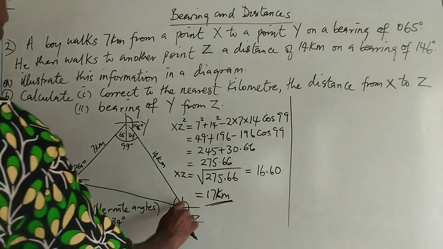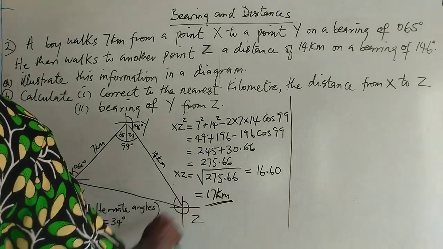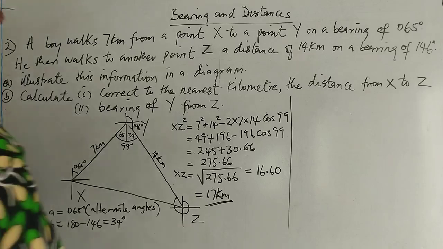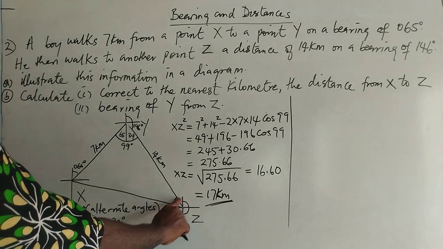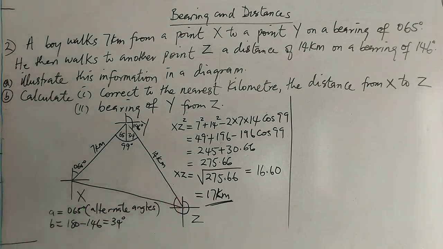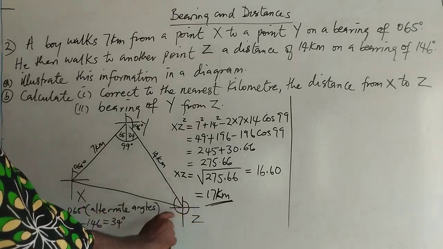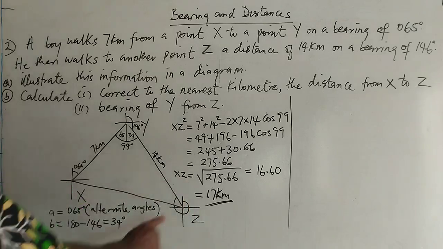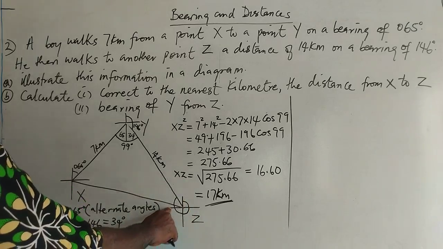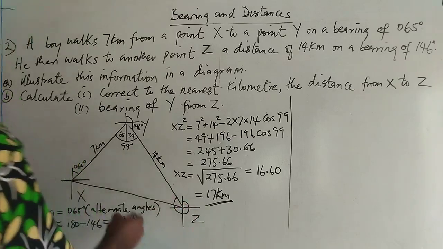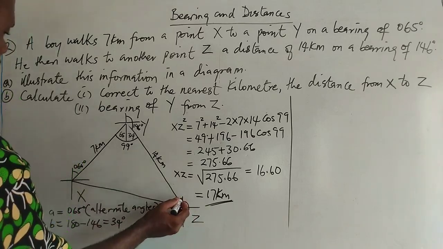So the angle we are looking for is this arc. How do we go about it? We can get this small portion here because it shows that the bearing, the angle is more than 270, but close to 360. It's not up to 360. And because of that, we can find this small portion here.